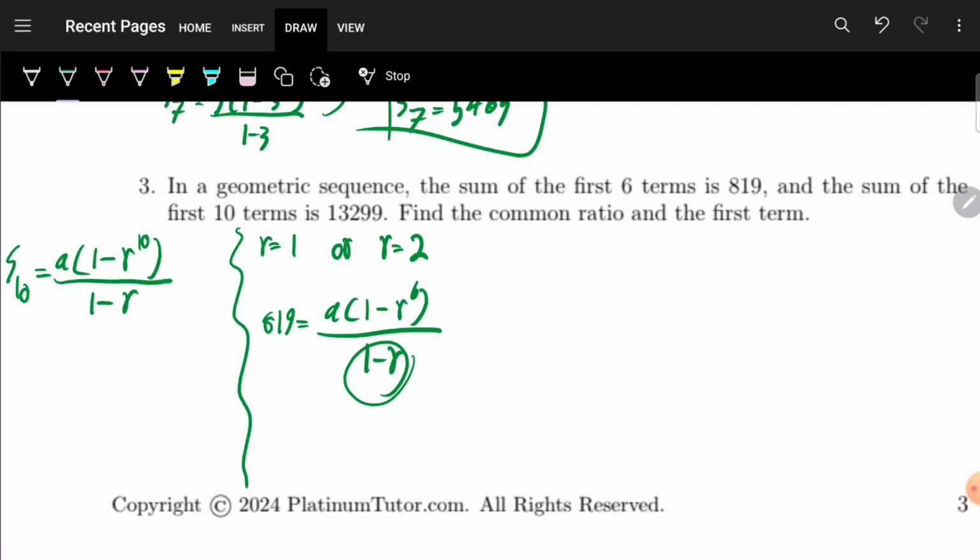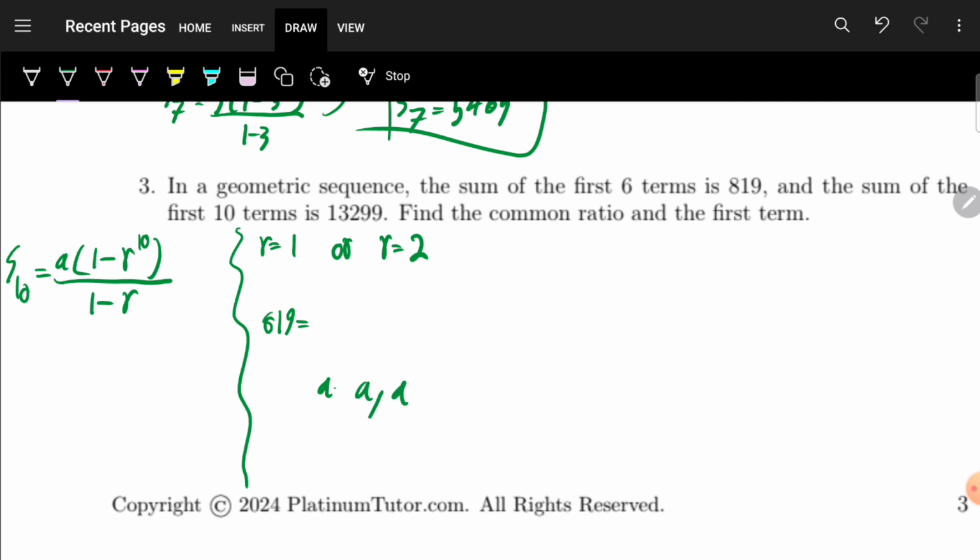But is it possible to have a series where the common ratio is 1 and the sum comes out to this for the first 6 terms? Well, we can think about that. If the common ratio is 1, that means all the terms are the same. So whatever your a term is, times 1 gives you the next term, times 1 gives you the next term, and so on.